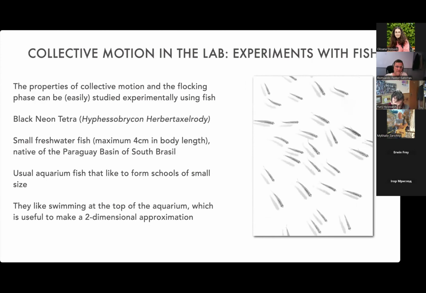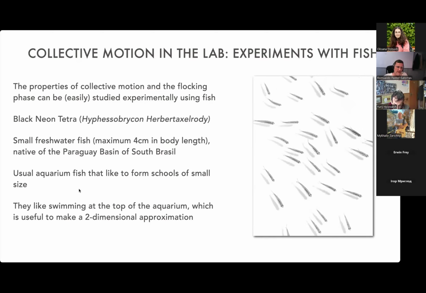Experiments with fish are relatively easy to make. You can work with fish that are not very large, so you don't need a large facility. In our lab, we work with the species black neon tetra, a typical aquarium fish that you can buy for your home. It's rather small, 4 centimeters in body length.